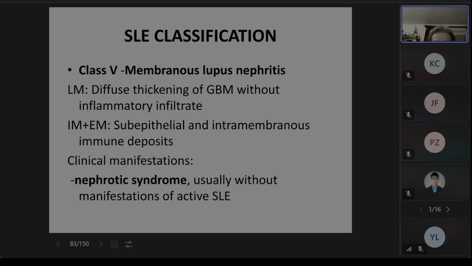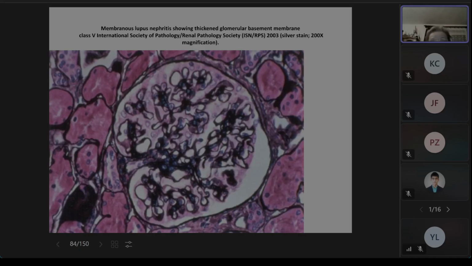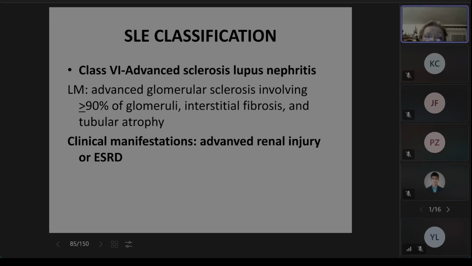In these patients, we also observe in the clinic edemas, hypoalbuminemia, and hyperlipidemia. On this slide, you can see in silver staining the thickening of the basement membrane of the capillaries. And the 6th class is advanced sclerosis in lupus nephritis.